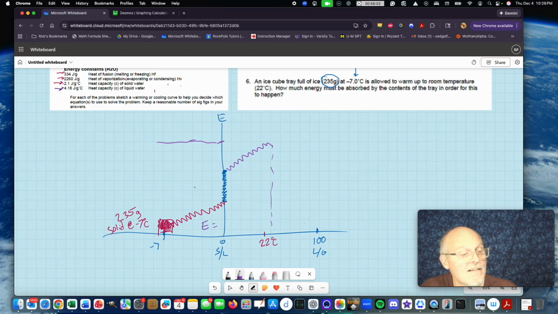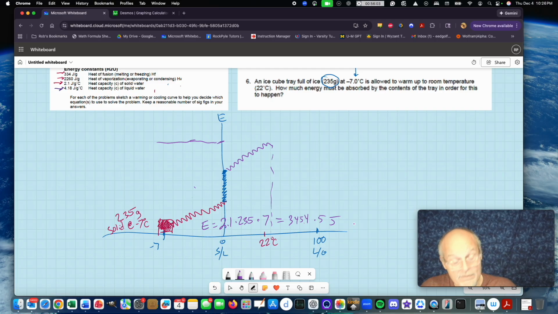So the heat capacity of solid water, 2.1 joules per gram degree C times 235 times, I'm only moving 7 degrees here. So that initial energy is 3,454.5 joules.